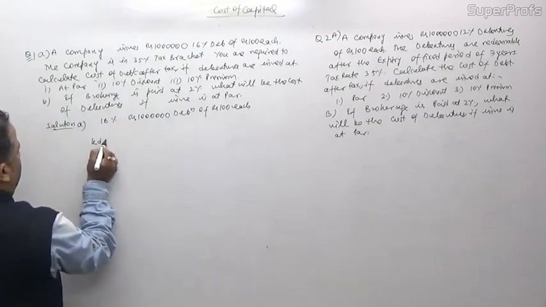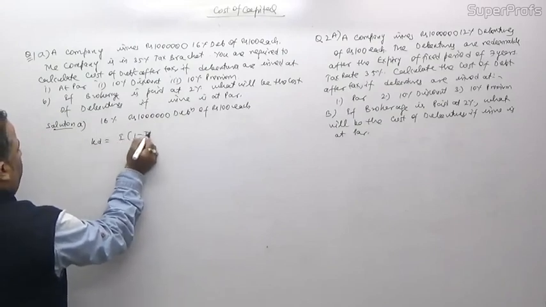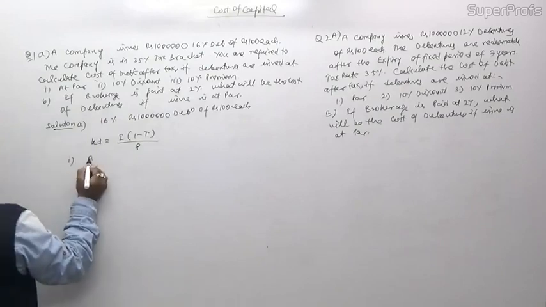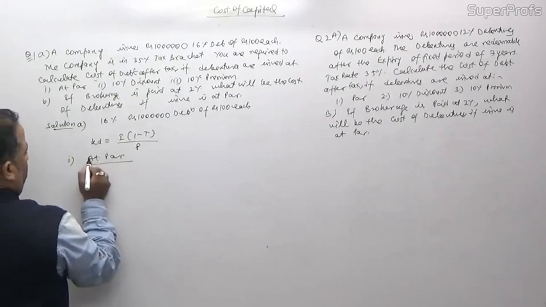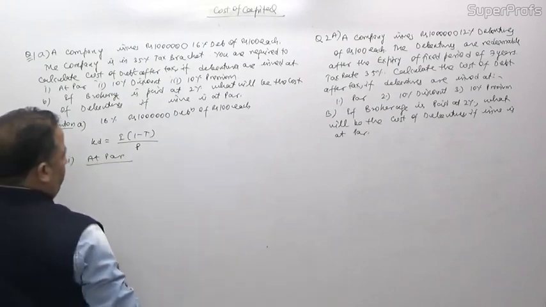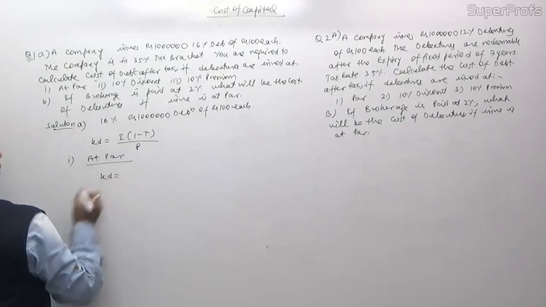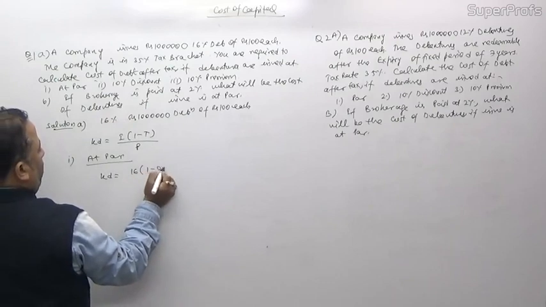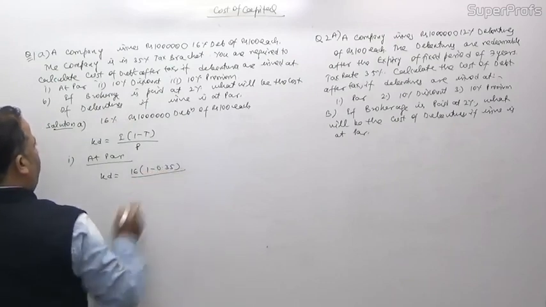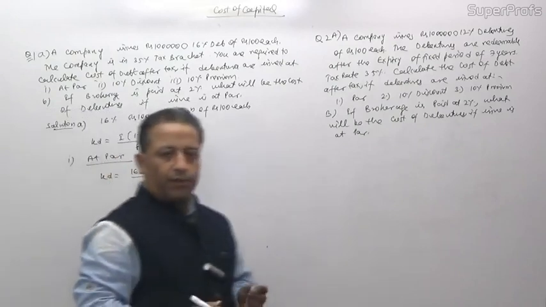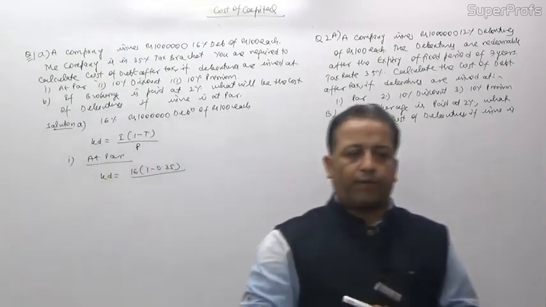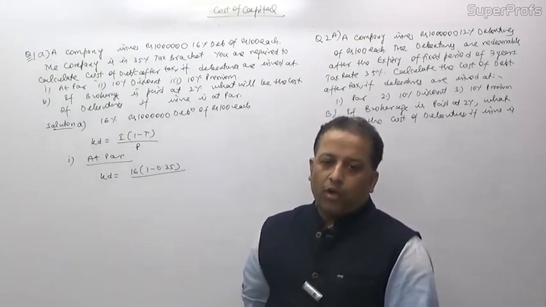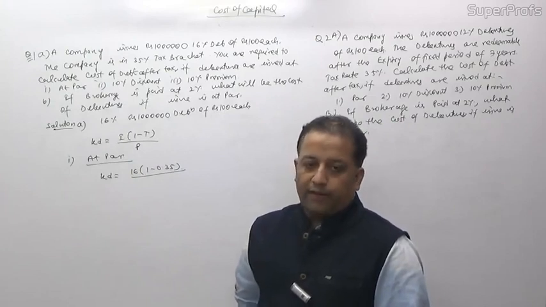So Kd equals I times (1 minus T) divided by P. If the debentures are issued at par, Kd equals I, where I stands for the interest rate, which is 16%, times (1 minus tax rate of 35%), divided by P, where P stands for flotation price, market price, or face value.